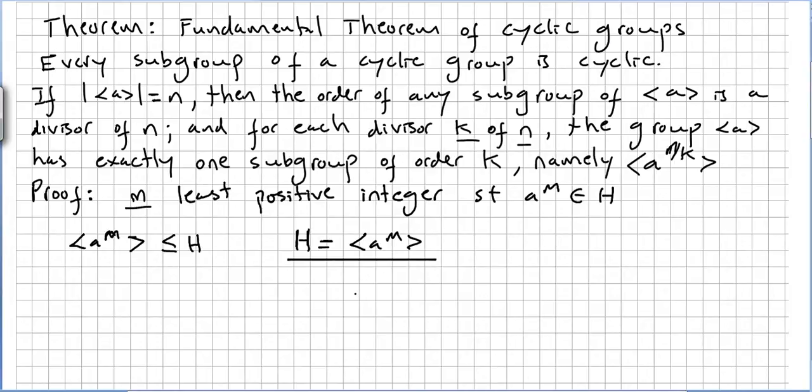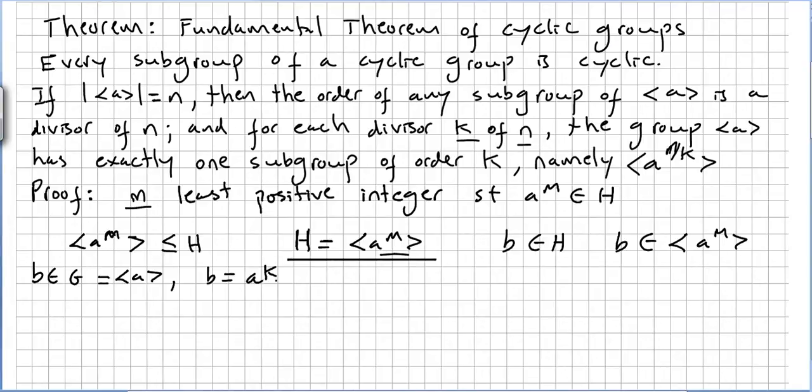What we do is we take an element b arbitrary in H, and we have to show that b is in the set generated by a to the power of m. b will be in G, and G is generated by a, so b will be equal to a to the power of k, for some k.